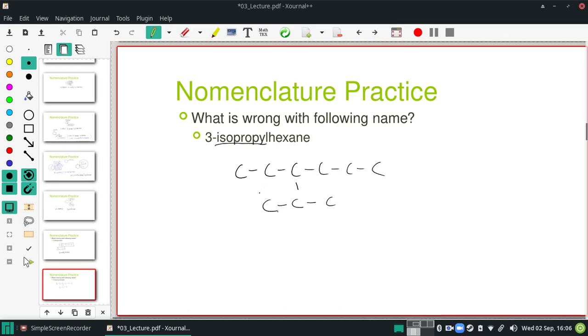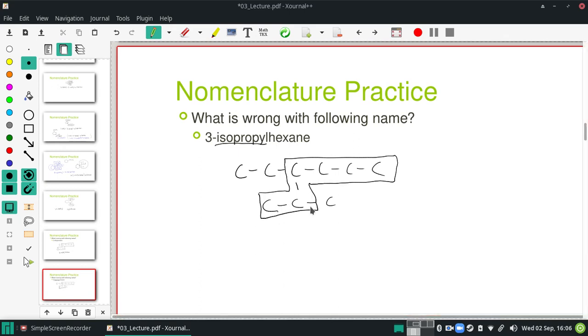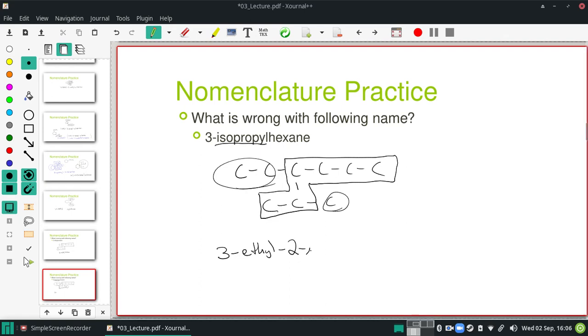And what's interesting, I could have still got hexane had I done something like this, and now I don't have any complex substituent. So a better name was 3-ethyl-2-methylhexane. So avoid those complex substituents when possible.